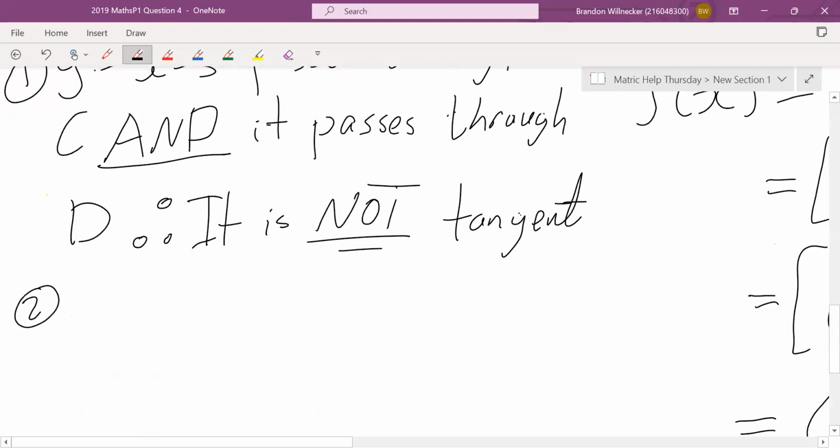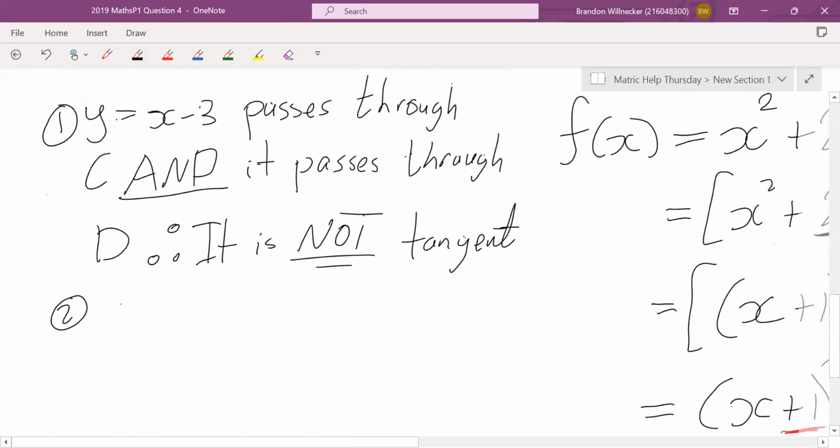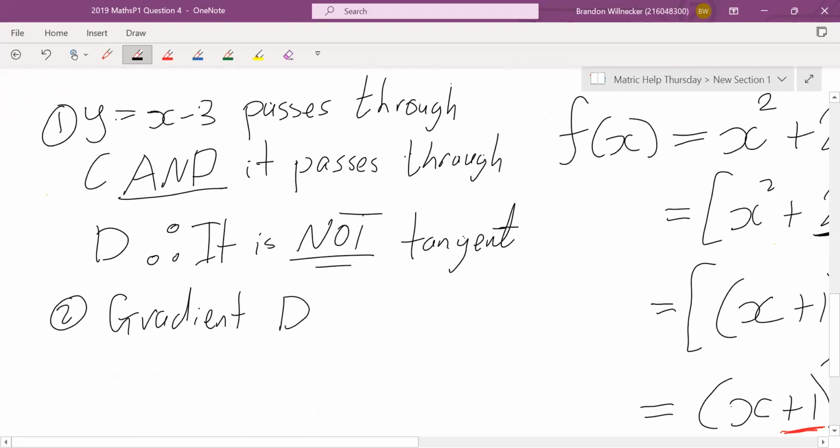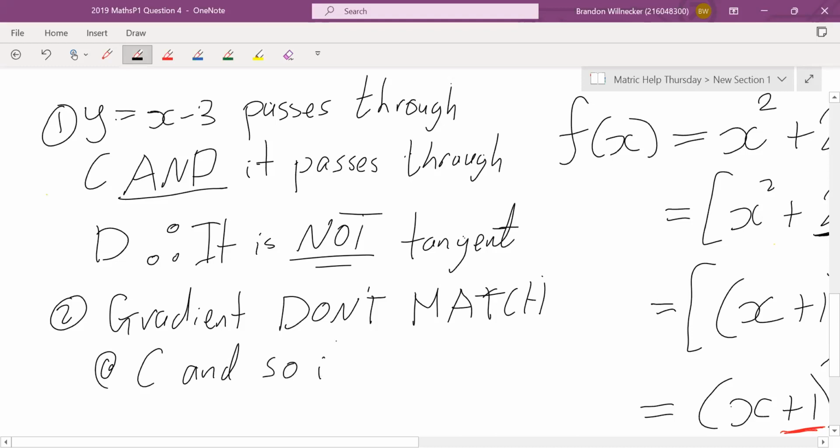So an alternate way is to say the gradients don't match at C, and so it can't be tangent. Let's emphasize that. So it can't be tangent.